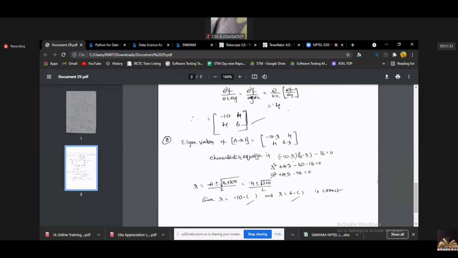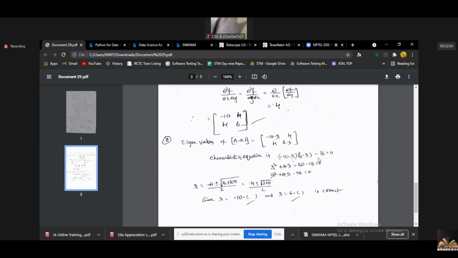So how do we get the characteristic equation? Multiply the diagonals and subtract. So the characteristic equation is: minus 10 minus lambda into 6 minus lambda, minus 4 into 4, 16, is equal to 0. Multiply this diagonal minus multiply this diagonal.